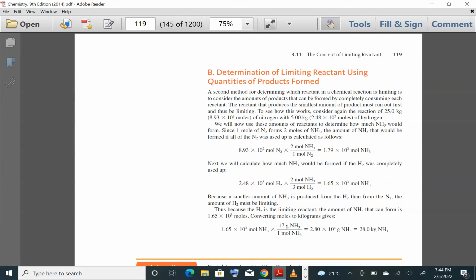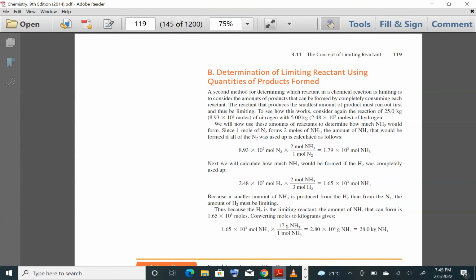You are multiplying by 2, and we are getting 1790, which is 1.79 times 10 to the power 3. So those are the moles of ammonia.